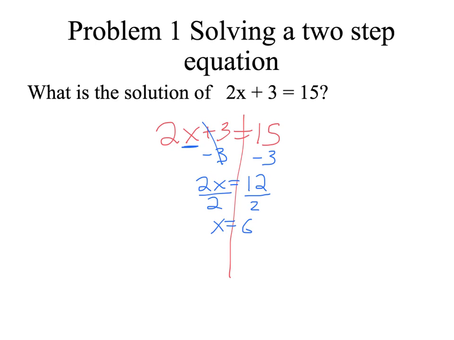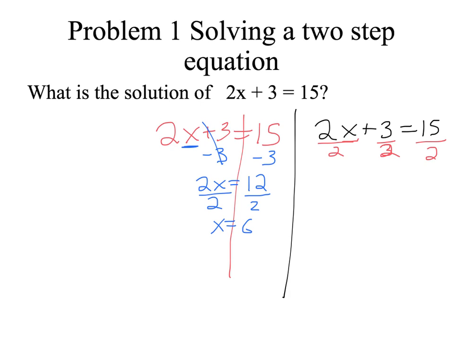Let me just show you. If we do this, 2x plus 3 equals 15. And I'm not sure how this is going to work out, but you'll see right away how messy it gets. If we decide that, here's the variable, if we want to go through and divide everything by 2 right away to get rid of the 2x, we have to divide this by 2, this by 2, and this by 2.